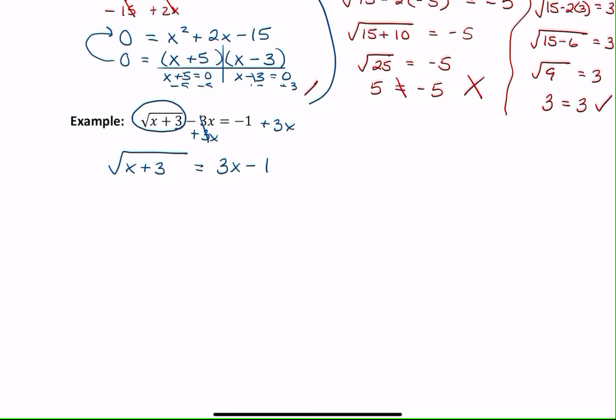Now, since I have the radical isolated, I'm going to square both sides to get rid of the square root. And when I do that, that's just going to give me x plus 3 on the left. And then I need to FOIL the 3x minus 1.